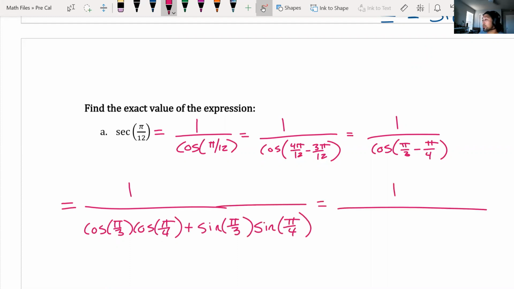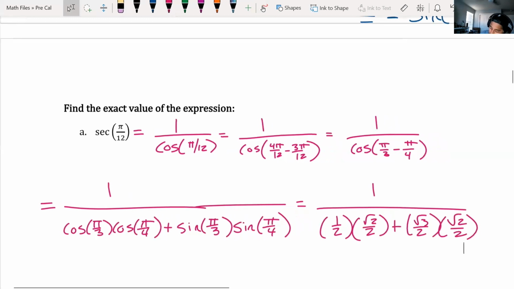Equal to 1 over, and unit circle time, what is cosine at pi over 3? 1/2. Cosine at pi over 4. Square root of 2 over 2. Sine at pi over 3. Square root of 3 over 2. And sine at pi over 4. Square root of 2 over 2.